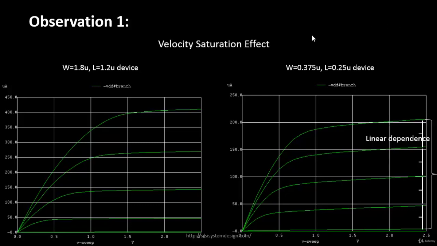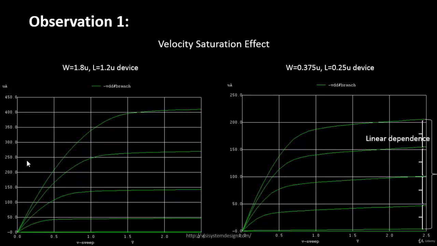I'll come to the concept of velocity saturation in some time, but before that, to make things clear in a graphical way, we'll do a bit of spice simulation. We'll do a small simulation where we keep the drain voltage constant at 2.5 volts and vary the gate voltage. In the previous case, we had drawn ID versus VDS at different values of VGS.